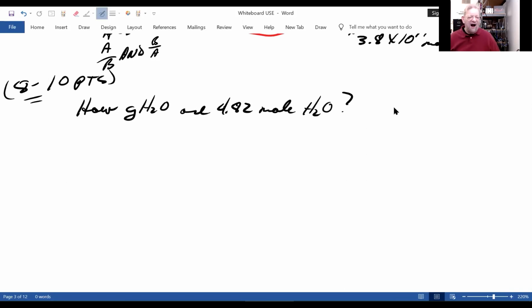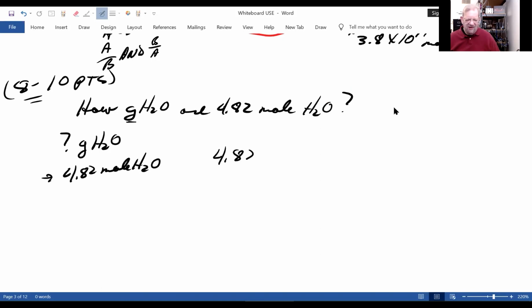All right, how many grams of water are 4.82 moles of water? So what are we trying to find? Grams of water. What are we given? 4.82 moles of water. This is the only thing I have to start with.